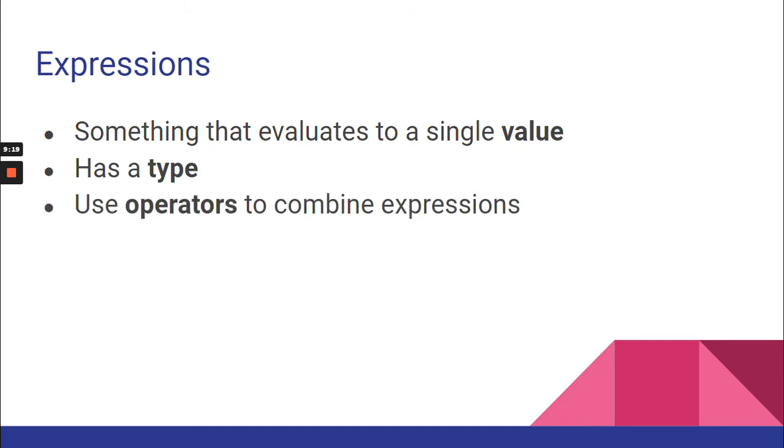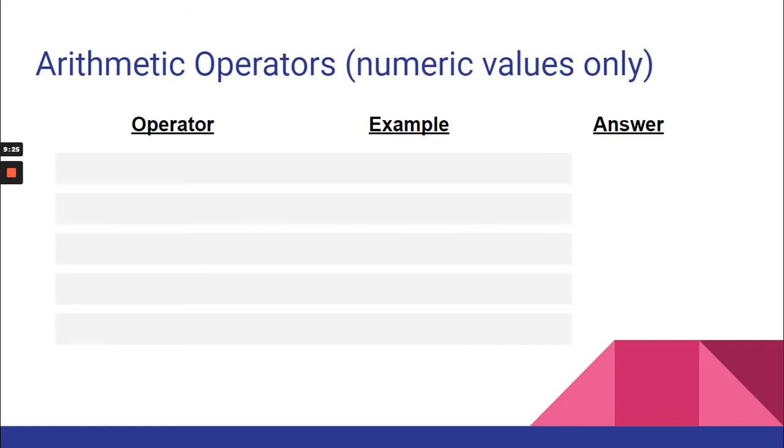And we can use operators to combine expressions in complex, crazy ways. For instance, we have the addition operator. You recognize this as the plus sign. If we said 10 plus 3, what would you expect the type to be, or the final answer to be? 13. It would be 13, and it would be an integer, right?